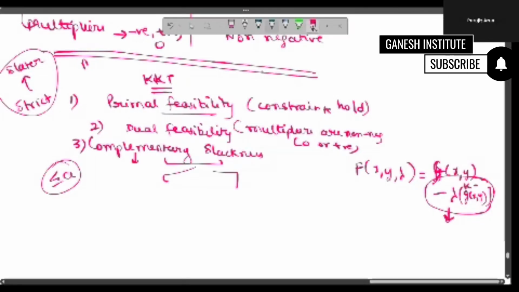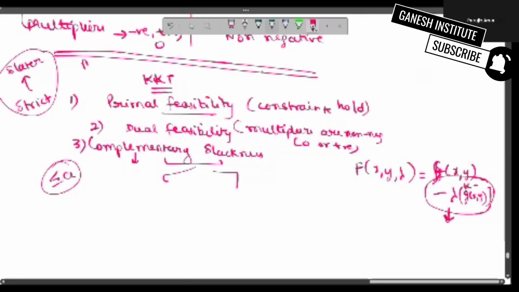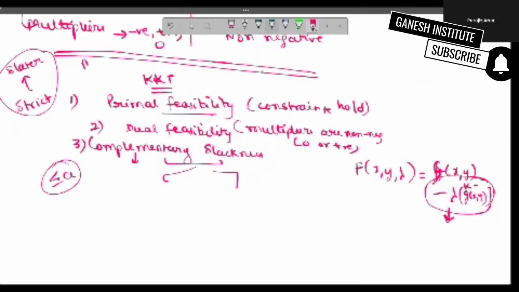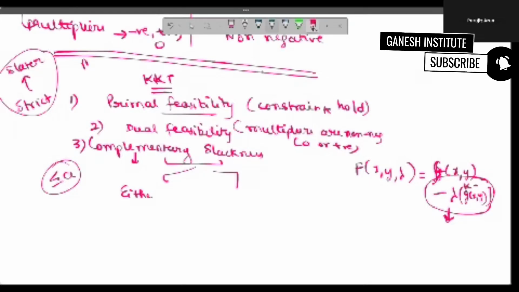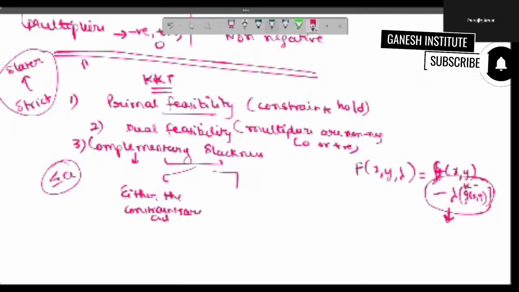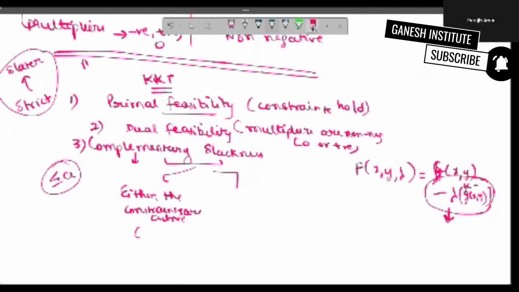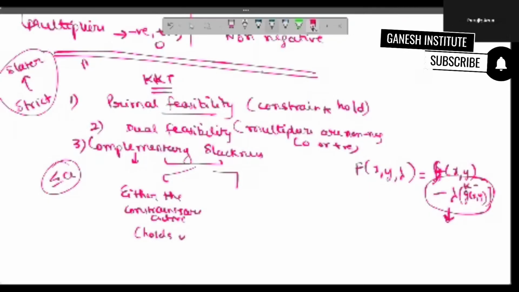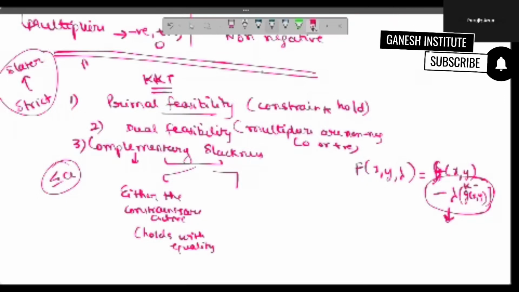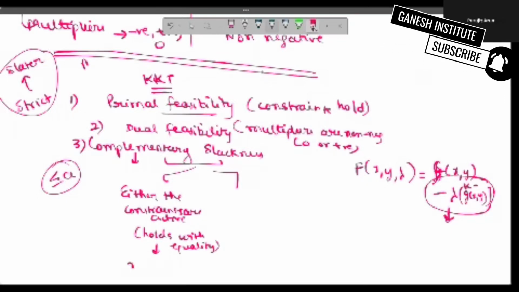That is complementary. Complementary means either your constraints are active, that means they hold the equality, and when it is so, your multiplier will be positive.